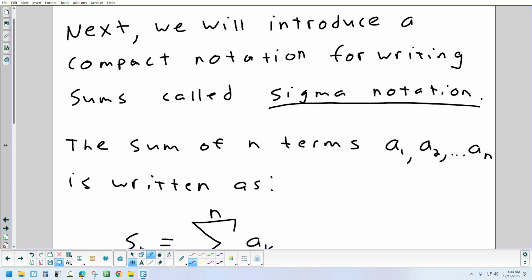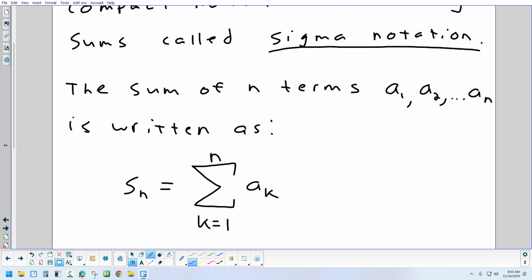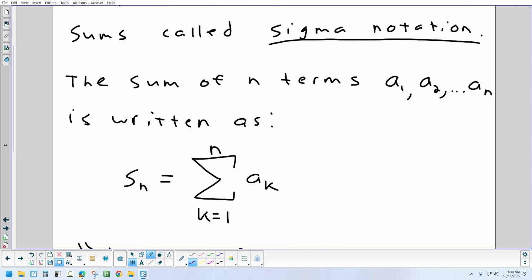Okay, and the reason it's called sigma notation is because it uses a capital Greek letter, sigma, which looks just like that. And there are 3 parts to it. There's something on the bottom, there's something on the top, and there's something on the right side. What's on the bottom is basically telling you where to start.